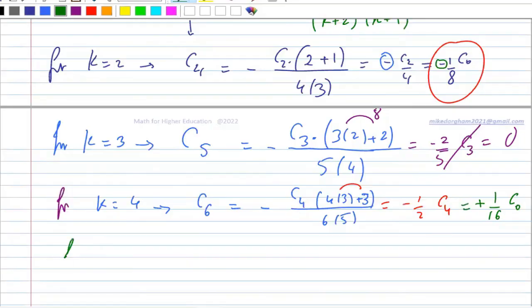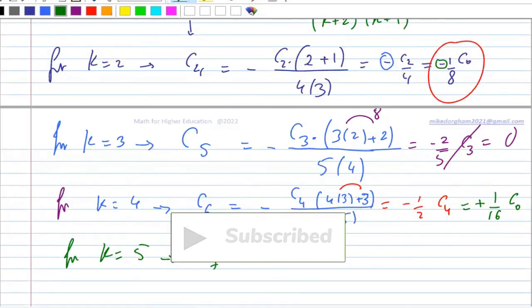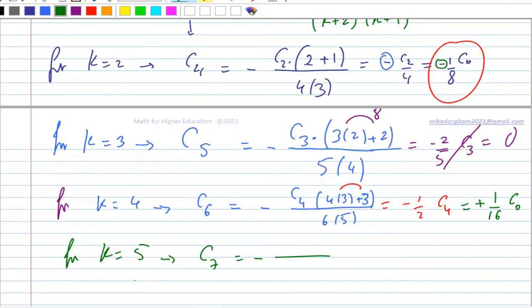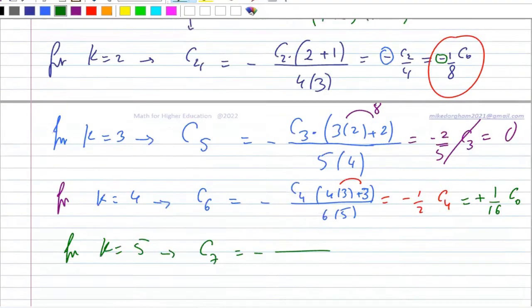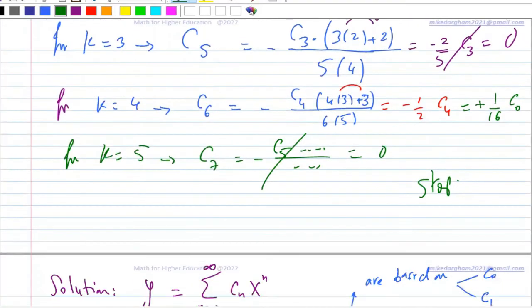If I go with K5, I'm getting C7, but be careful, this K5 is right here, C5, and C5 is 0, right? I don't care for the rest, it's 0. Anyhow, you stop. Don't go more, because they didn't mention, so by default it's enough.